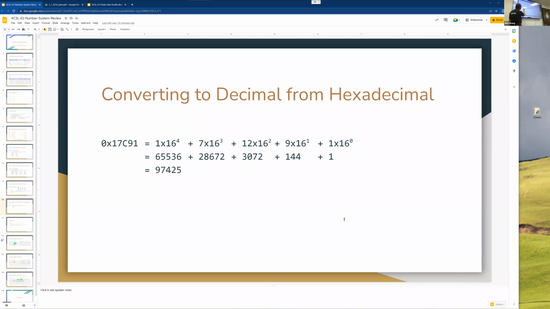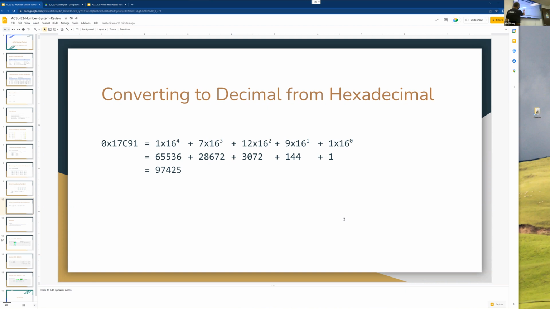So that is 1 times 16 to the power of 4, and then 7 times 16 to the power of 3. And C in decimal is 12, times 16 to the power of 2, and then 9 times 16 to the power of 1. And so we do the calculation here, and then add them back together. We got the same number, right? 97,425. This is how you convert backwards.